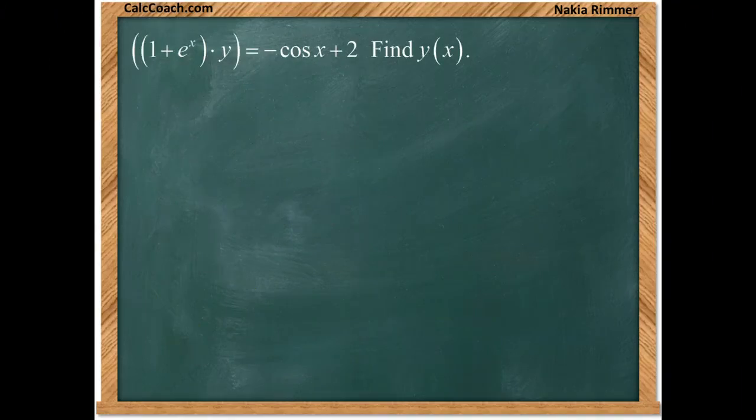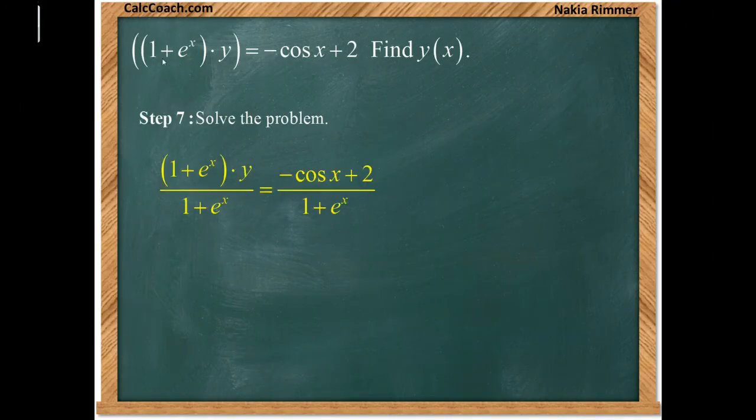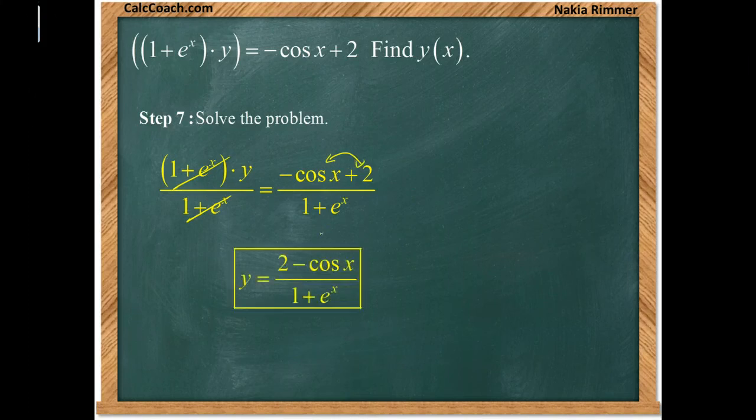And they just want us to find out what y of x is. So we'll answer that question. We'll solve the problem by dividing through by 1 plus e to the x. And pretty much that's your answer. Maybe reverse these two and call it 2 minus cosine x. That's the function that solves that original differential equation with the condition that was given.